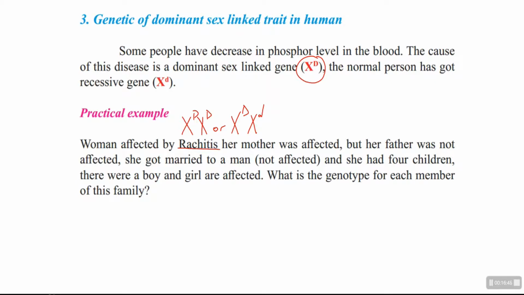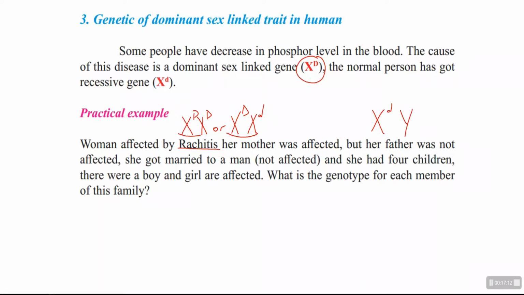So what we need to know is to be sure about the traits of parents. There are 2 probabilities for mother. To be sure which one, we look at the parents of woman. Her mother was affected, but her father not affected. So the father which is not affected needs to be X small d and Y chromosome.